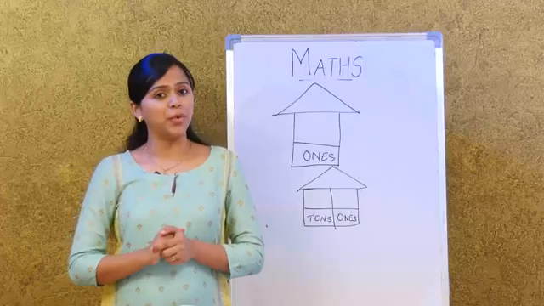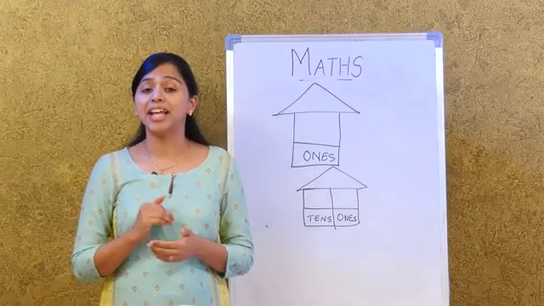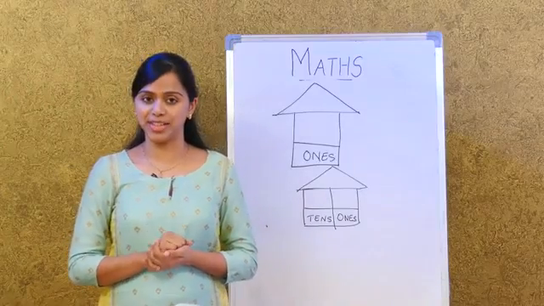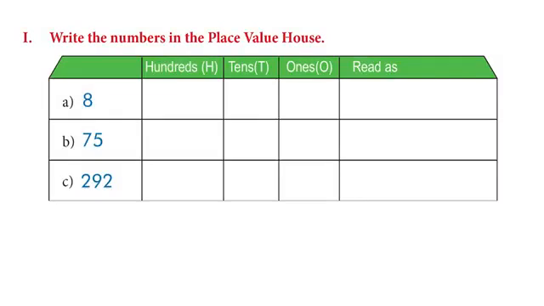Now I hope you all understood this. Let's try an activity based on this. Let's turn to page number 58. Here we have an activity which says write the numbers in the place value house. So we have a house, and the first one that we're going to try here is the number 8. So how do we read it? As 8 ones.